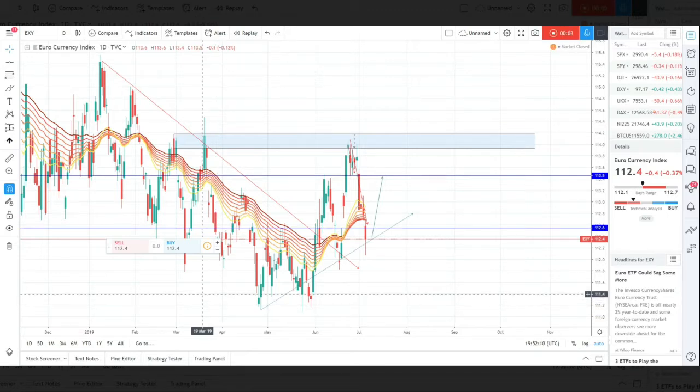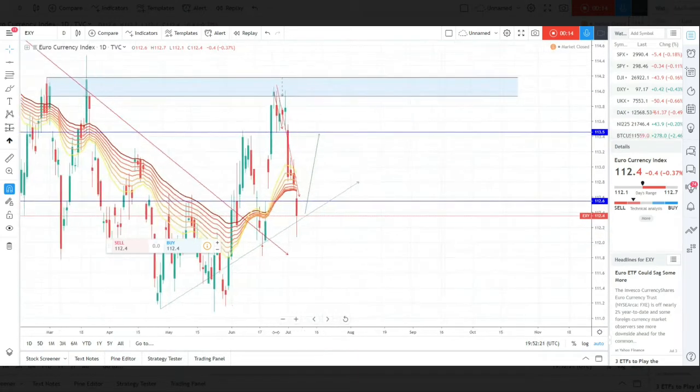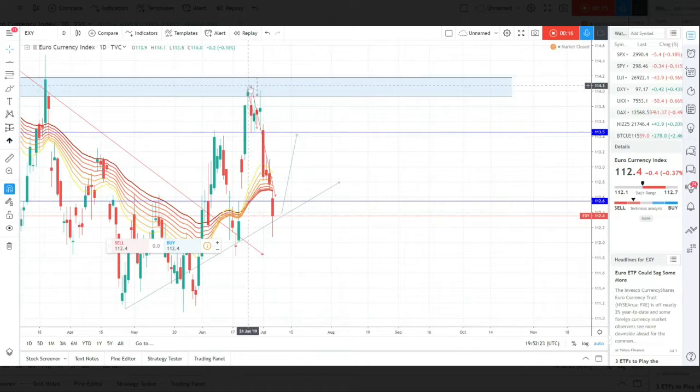Okay, we are seeing right now the euro index. In the daily chart we can see that the downtrend has been broken, and the beautiful arrow that we drew 2 weeks ago predicted that the euro index will go down.